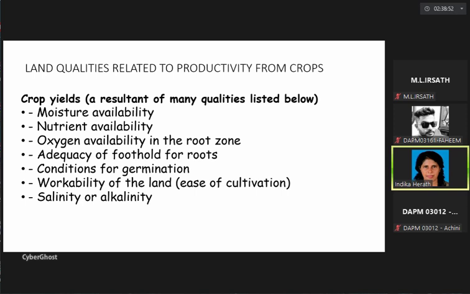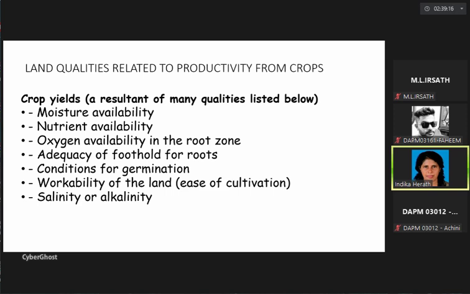Workability of land, whether the land is easy to prepare or land preparation can be done very easily or not, and the salinity or alkalinity, whether the soil has a high amount of salt or a low amount of H plus ions.